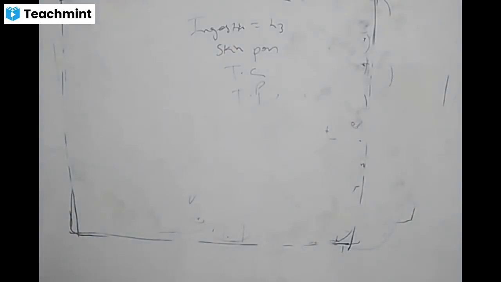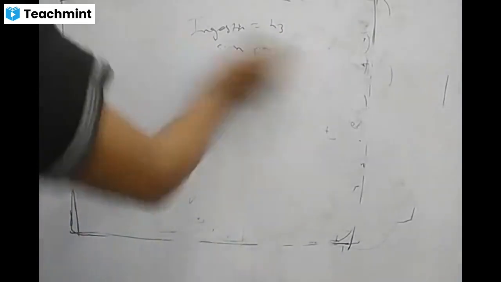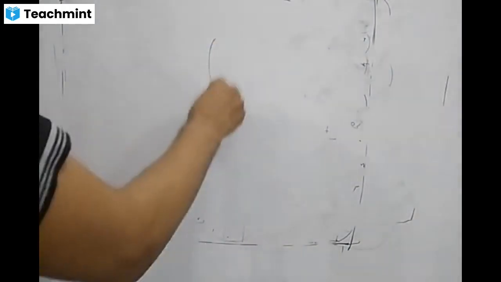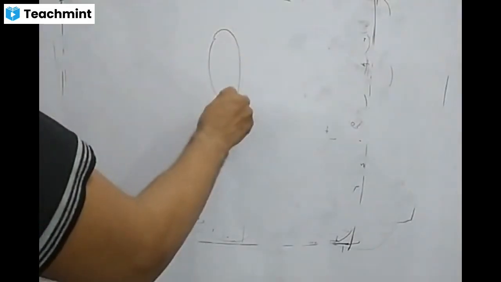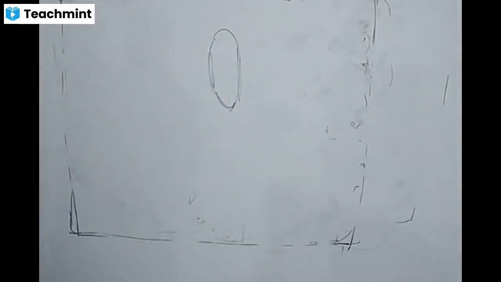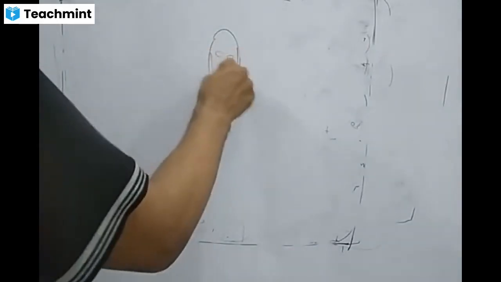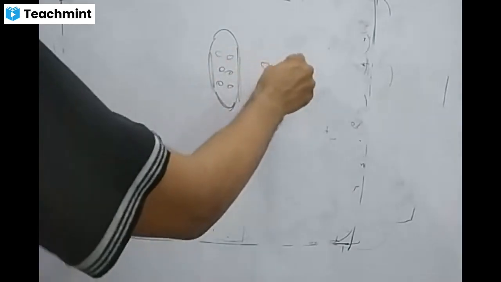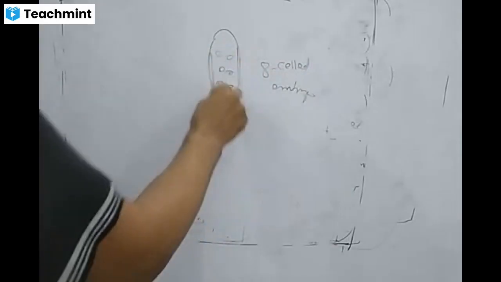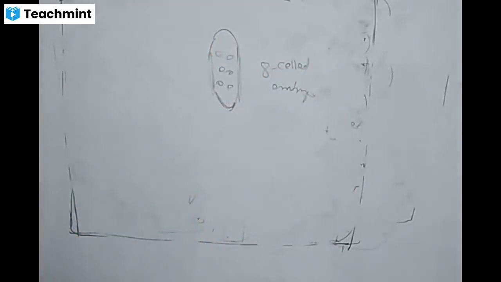And the egg of the Ancylostoma, these two sides are parallel to each other, and this is an eight-celled embryo. So eight-celled with parallel sides, the characteristic of the Ancylostoma egg.